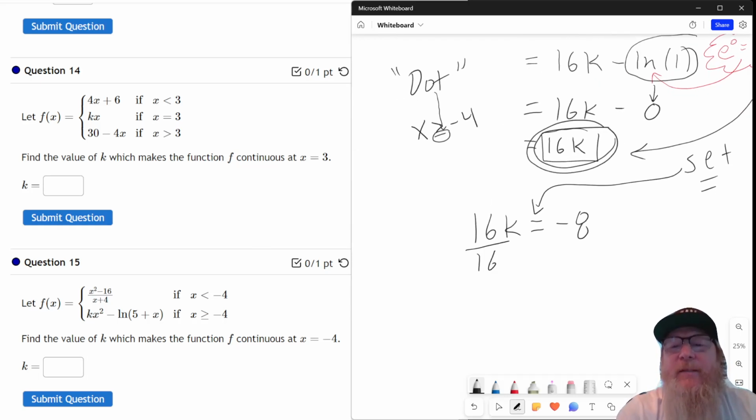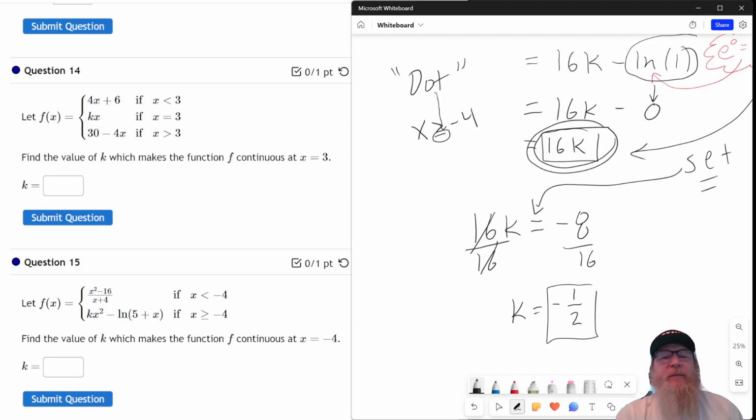So divide by 16, dividing by positive 16. And -8 divided by 16 is -1/2. And that should do it, folks.